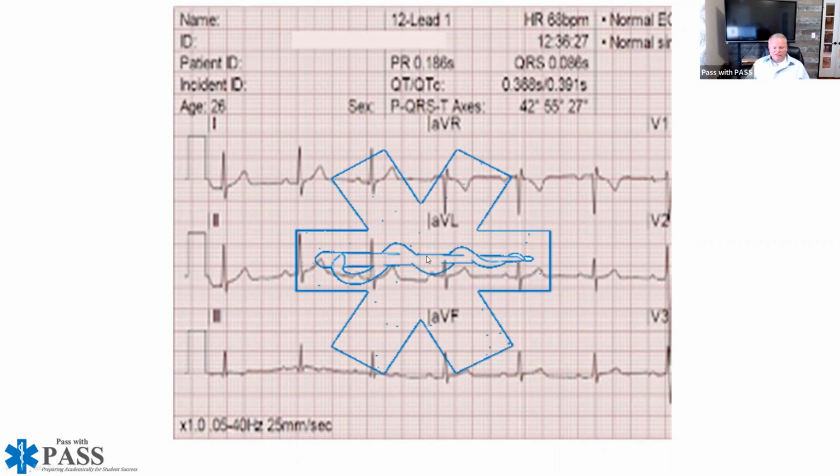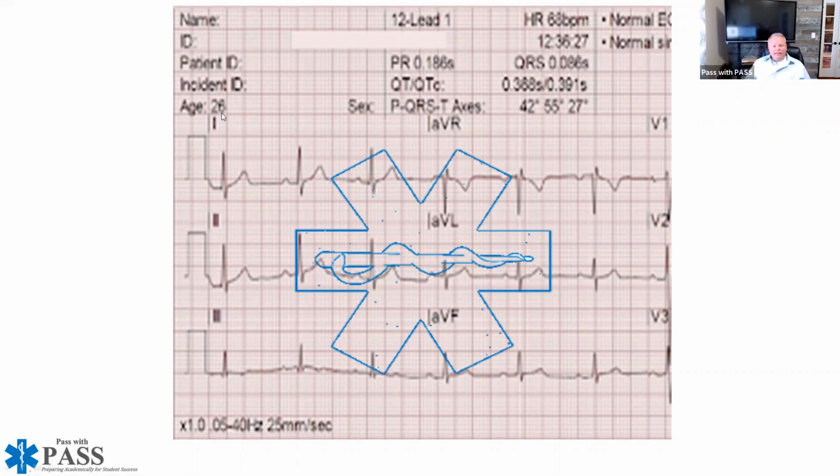AVL points straight across to lead 2, okay? So if my equiphasic lead happens to be AVL, then I would come over here to lead 2 because this is a straight line. If my equiphasic hypothetically was in lead 2, then it would show me that I need to look in AVL because it is a straight line.